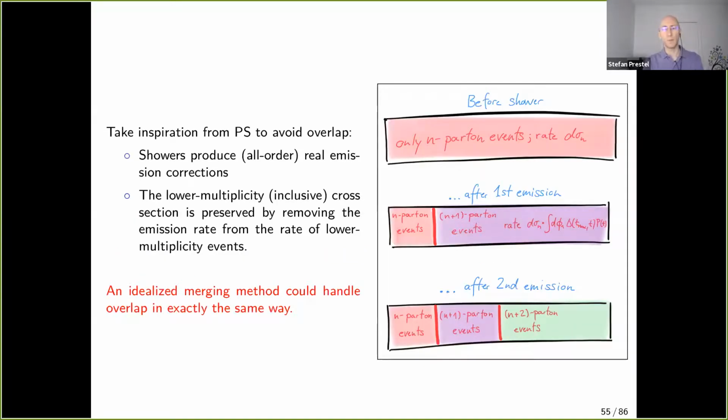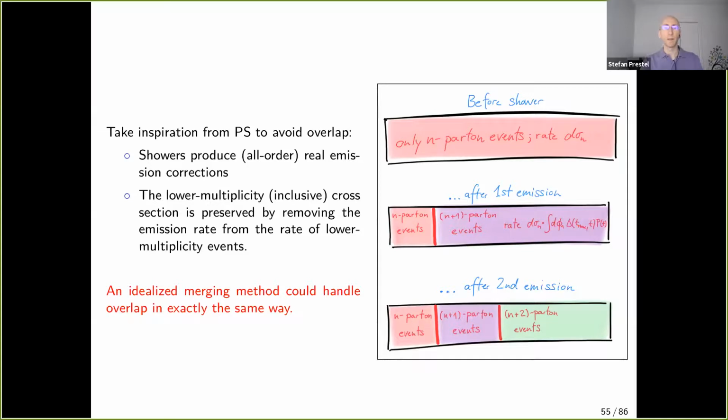And it's best to take inspiration from the shower there, because the shower itself already avoids overlap in the way it samples real emissions, right? It samples an emission at a scale t. The next emission is at a scale t2, which is slightly smaller than t, and so on.